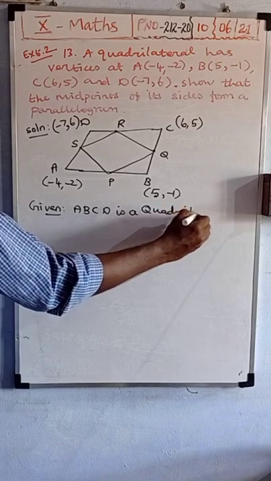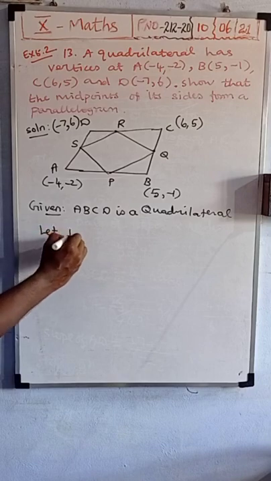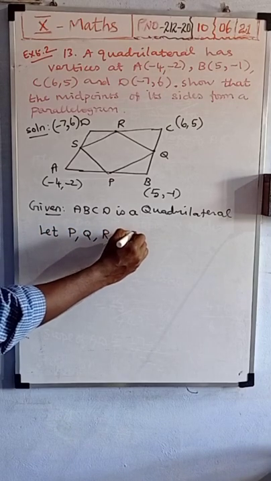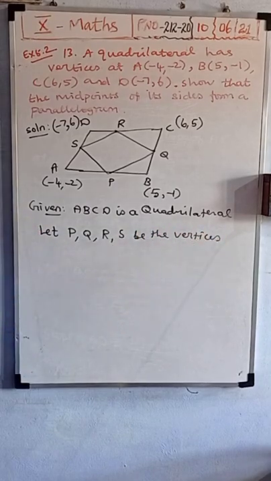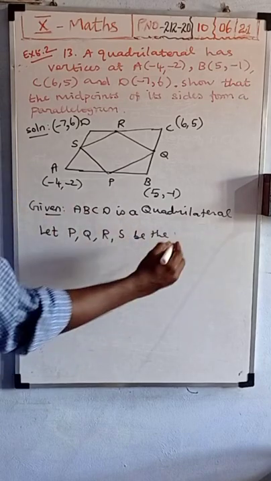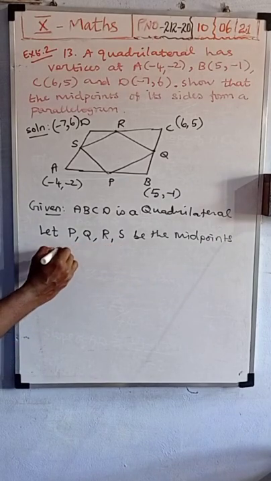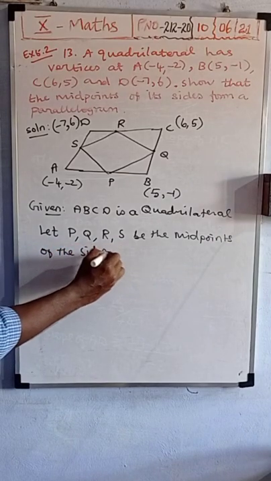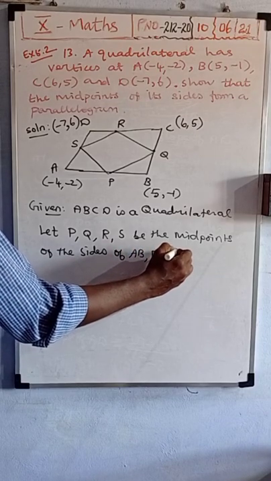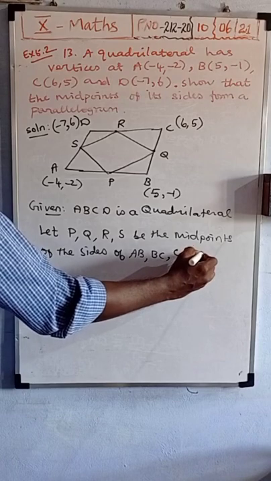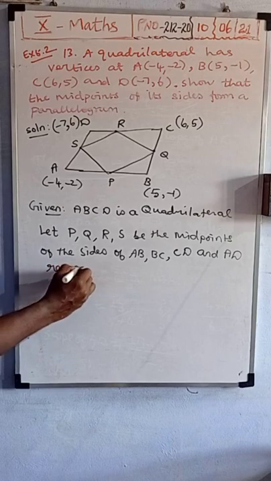And then let P, Q, R, S be the midpoints of the sides AB, BC, CD and AD respectively.